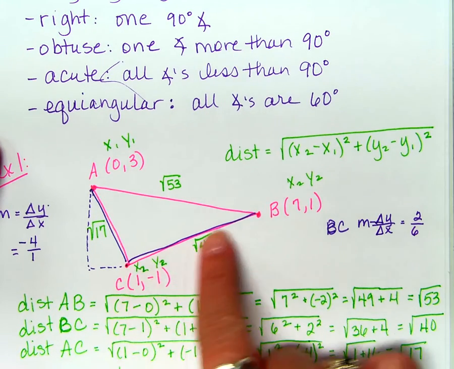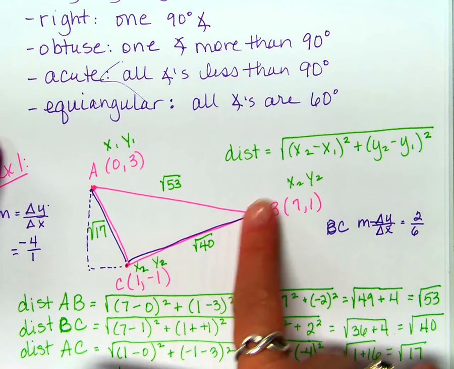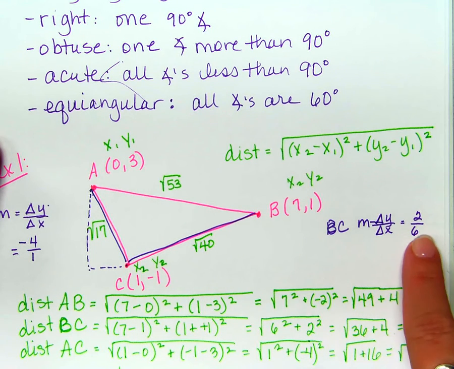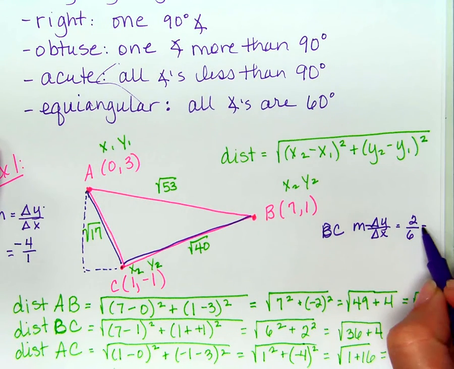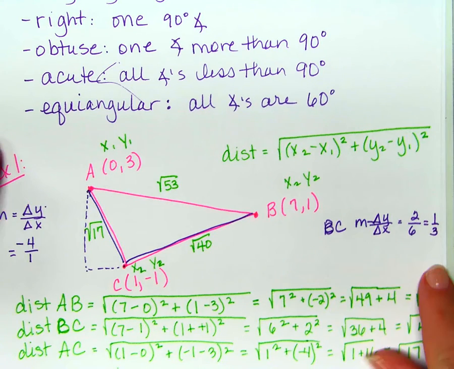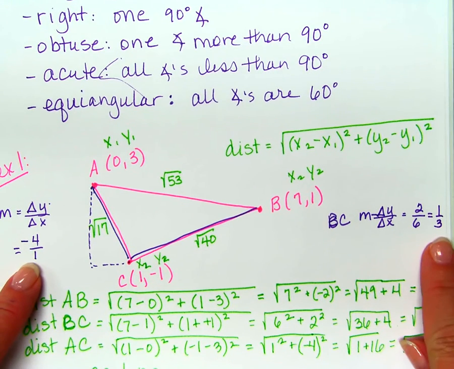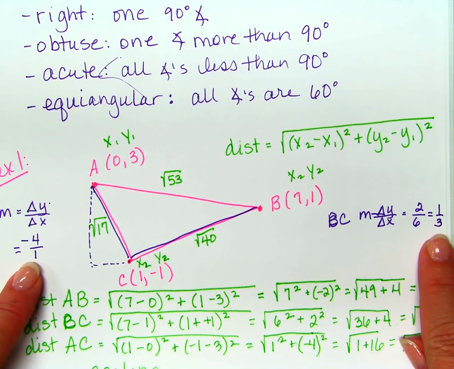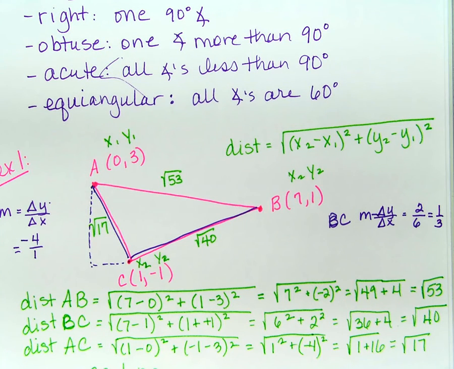We know it's positive because it's going from left to right. It's increasing, right? So does that simplify to anything? 1 over 3. Are these two opposite reciprocals of each other? No. So is this a 90-degree angle? No. So we know that this triangle is not a right triangle, don't we?